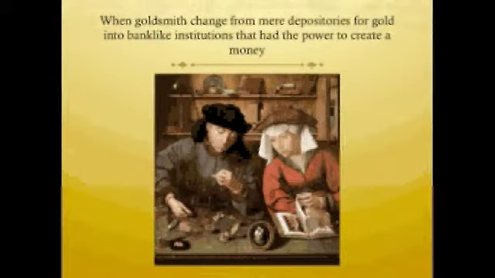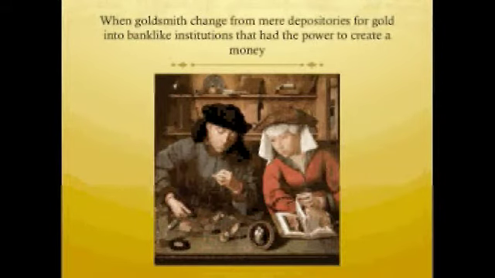Goldsmiths changed from mere depositories for gold into bank-like institutions that had the power to create money. They gradually realized that they could lend out some of this gold without any fear of running out, because people didn't come often to withdraw gold. By lending out this gold, they could earn interest on loans.